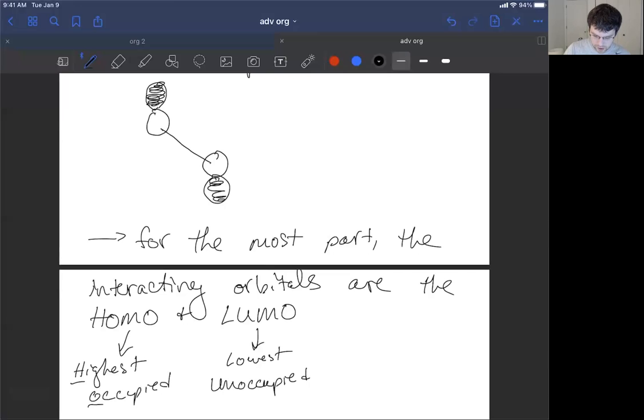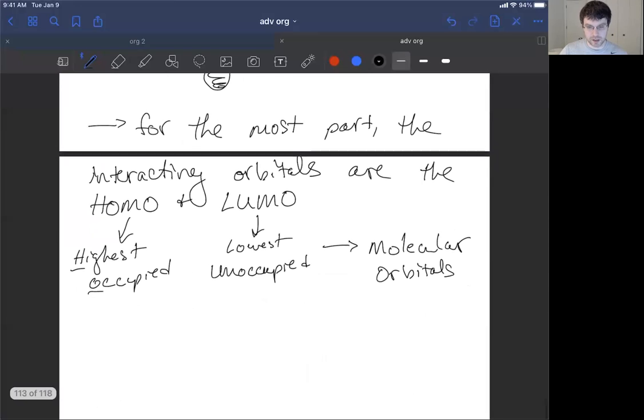This way of envisioning the molecules means we're looking at delocalized molecular orbitals, that is, areas in which electrons can exist that are distributed throughout the entire molecule and not localized to a single atom. That's one particularly popular approach to studying molecules, and it's very helpful for pericyclic reactions.